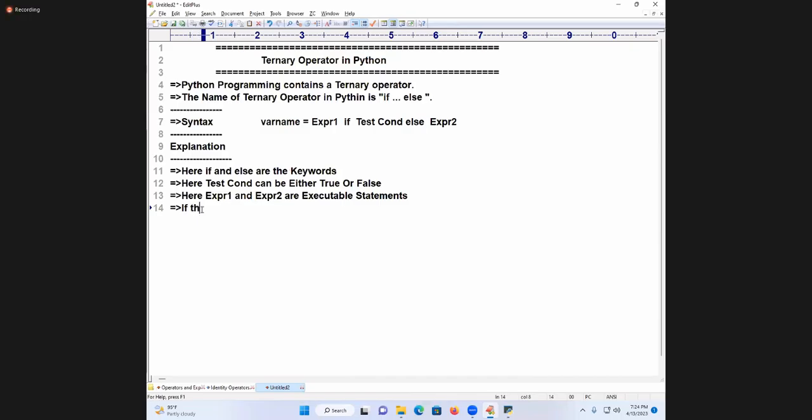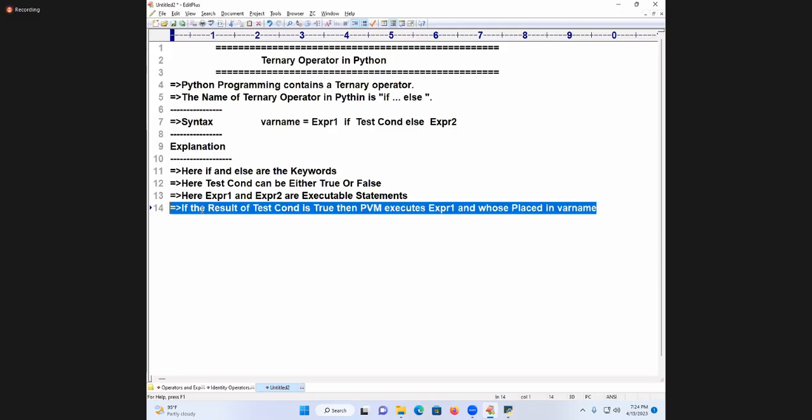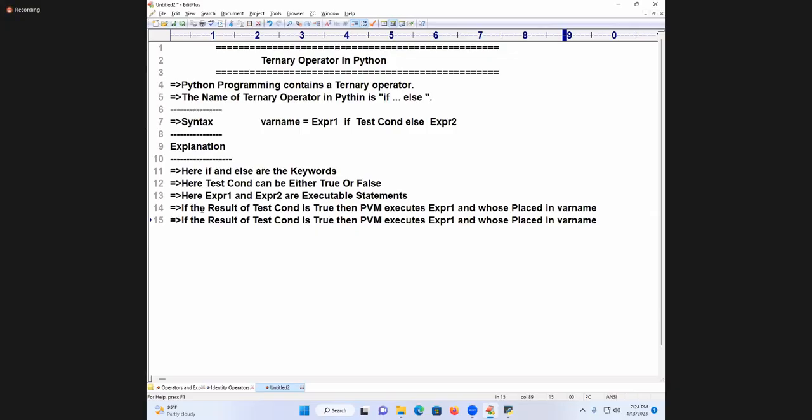I will write it. If the result of the test condition is true, then PVM executes expression 1 and whose result is placed in the variable name. One more: if the result of the test condition is false, PVM executes expression 2 and whose result is placed in the variable name.